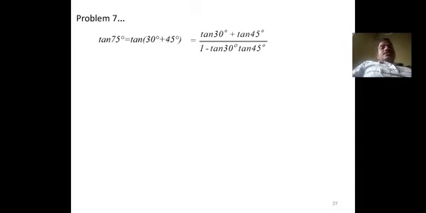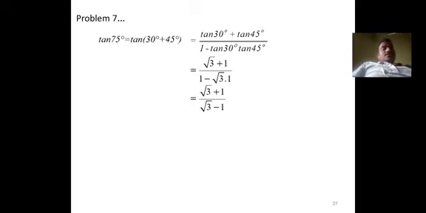And now tan 75, tan of 30 plus 45. Tan 30 is 1 by root 3, tan 45 is 1. After simplification, you can get root 3 plus 1 by root 3 minus 1.